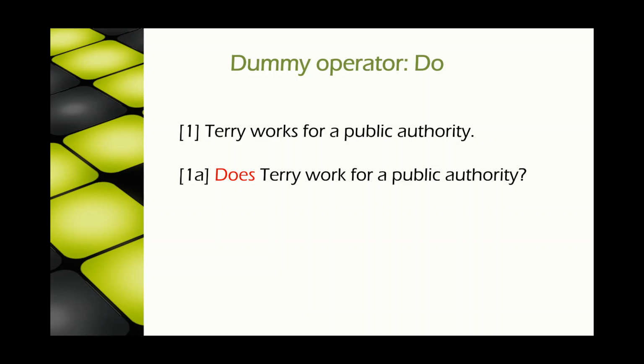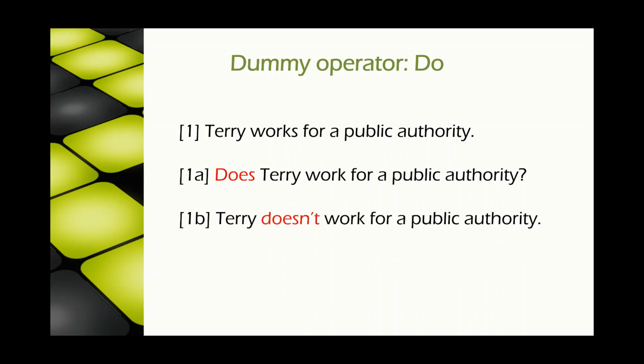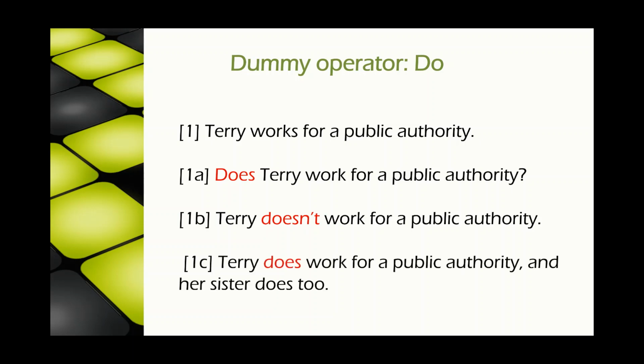And therefore, we can say, does Terry work for a public authority? And in order to negate the sentence, we can say, Terry doesn't work for a public authority. And to show emphasis, we can say, Terry does work for a public authority and her sister does too.